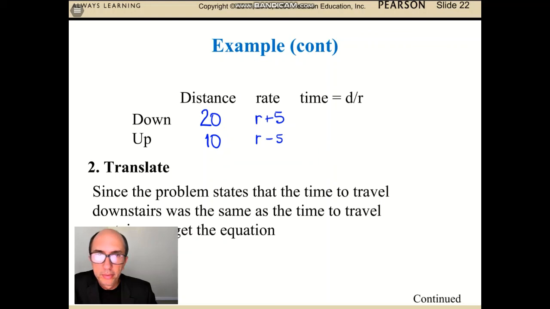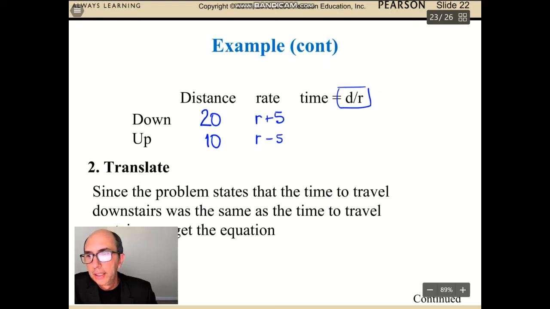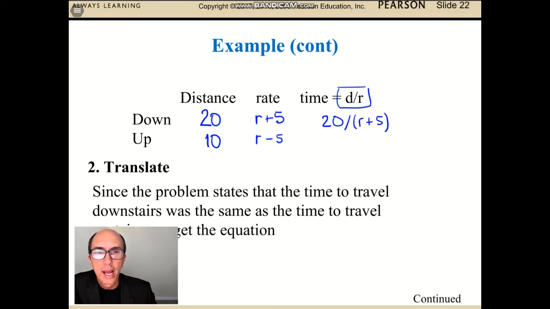And for the time, we use this formula: time equals distance over rate. The time downstream is distance, 20, divided by rate, and the time upstream is this distance, 10, divided by the rate upstream.